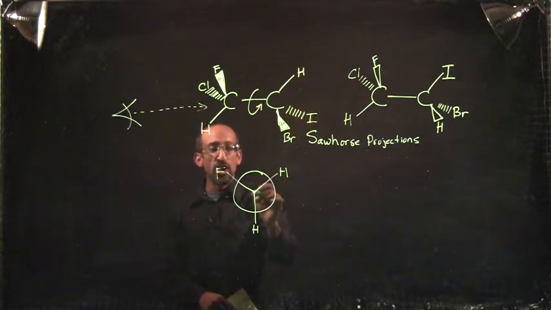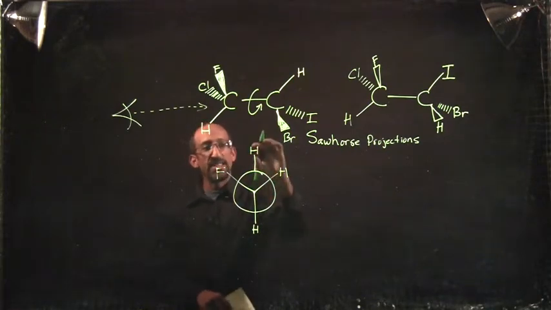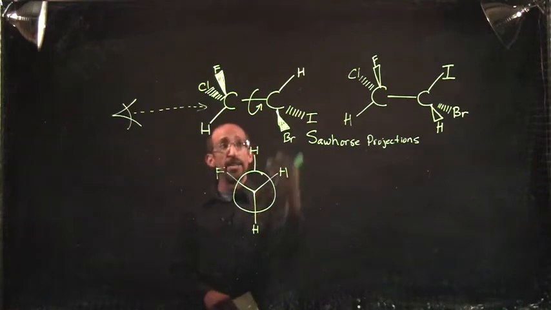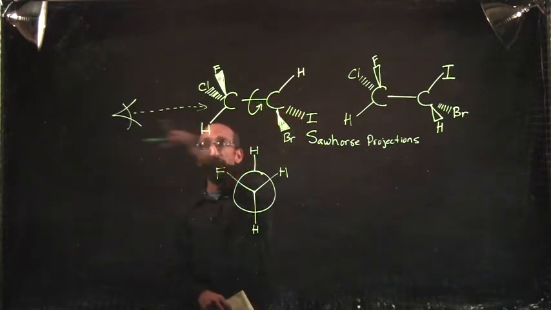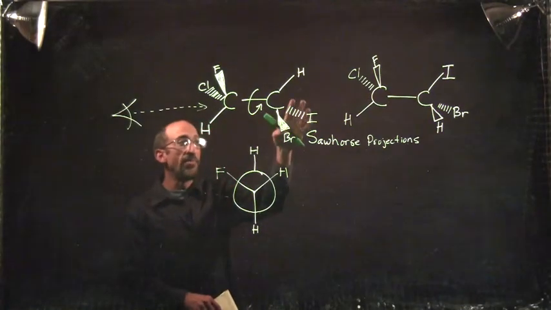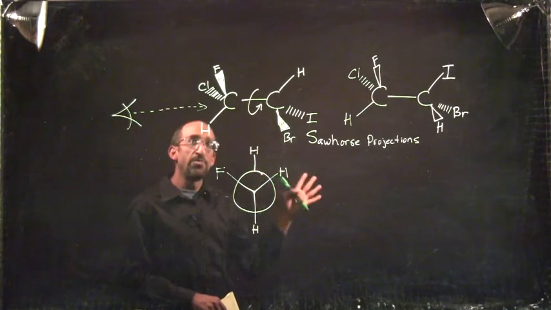So now instead of drawing a full line starting at that point, I start at the edge of the circle, and I draw a line just coming from the top of the circle out, and that designates that this hydrogen atom is attached to what we would call the back carbon, which is this carbon here, since we're looking this direction down the bond. Now my iodine is coming behind the board towards me.